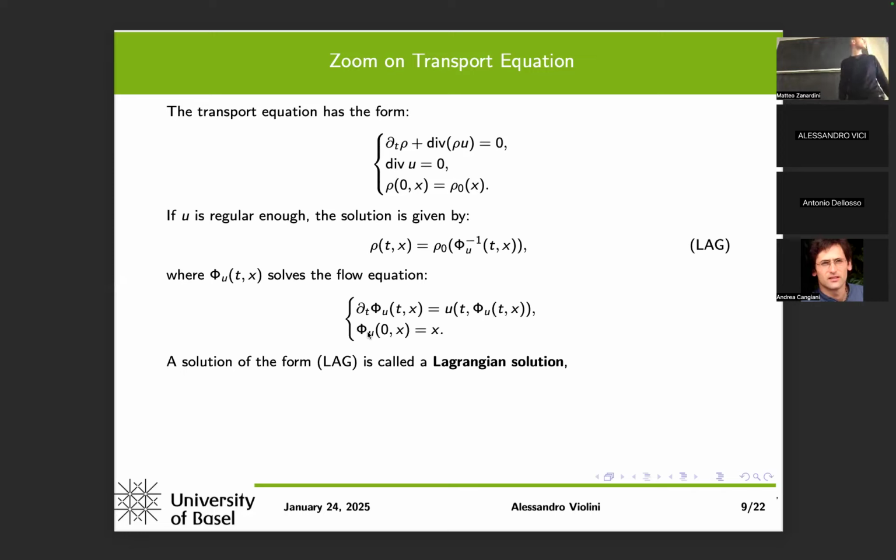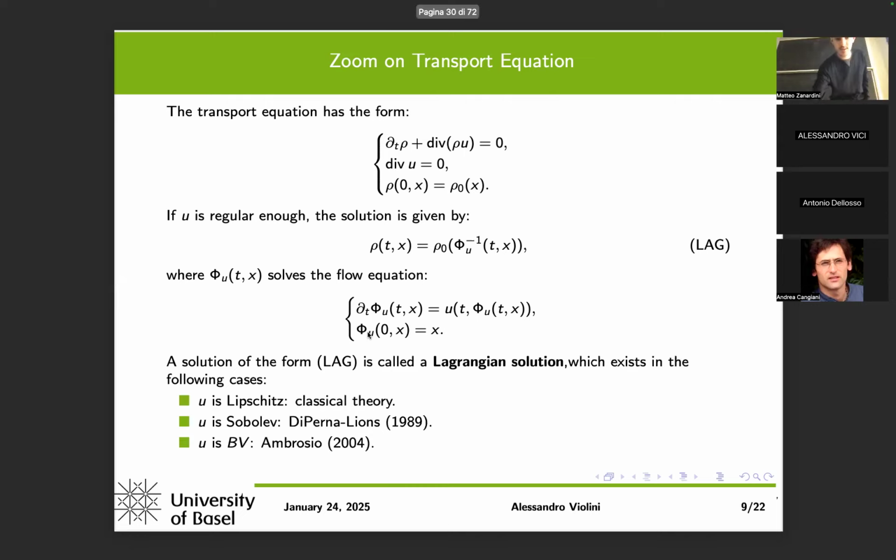This solution is called the Lagrangian solution, where rho at time t, x is simply rho at time 0 composed with the inverse of the flow map at time t, x, where the flow map is the solution of this ODE. Let me say that it's quite easy to see that if U, so the vector field, is Lipschitz, you have existence for this system by the classical Cauchy-Lipschitz theorem.